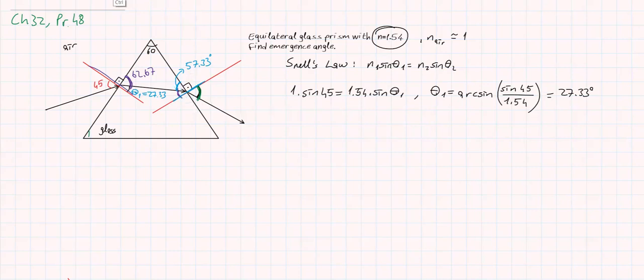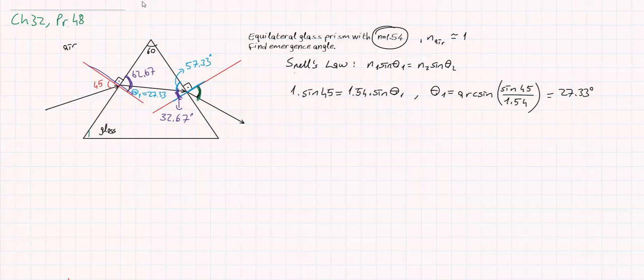Then I can find this purple angle, this one, right? So it will be 32.67 degrees. Now, if we only consider this part of the shape, I have one incidence angle of 32.67 and one emergence angle, right?